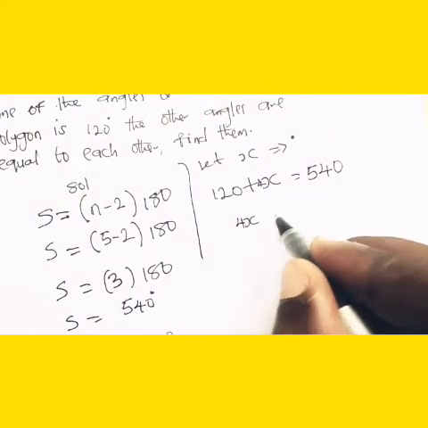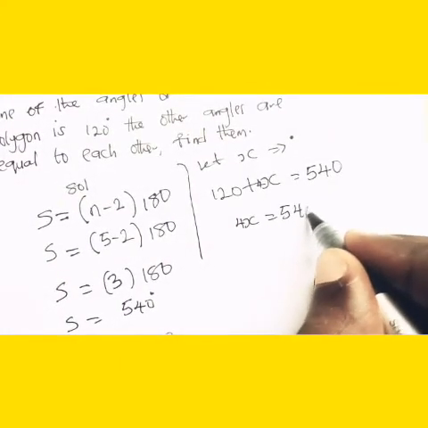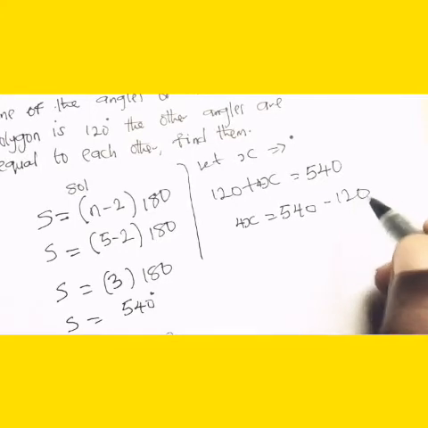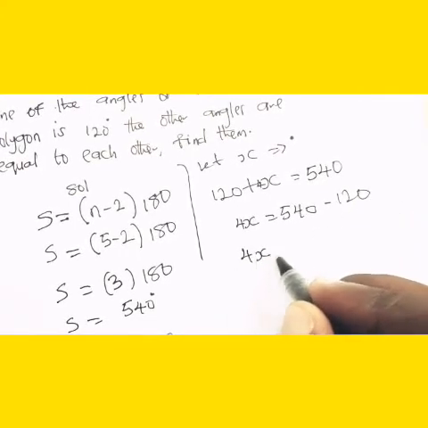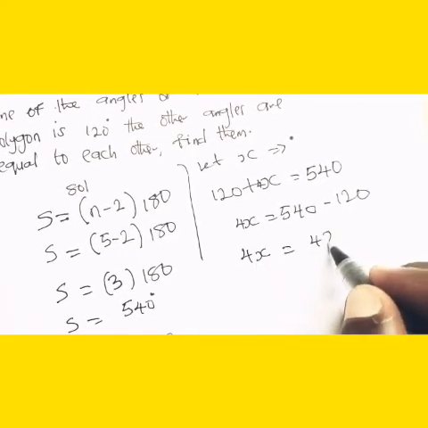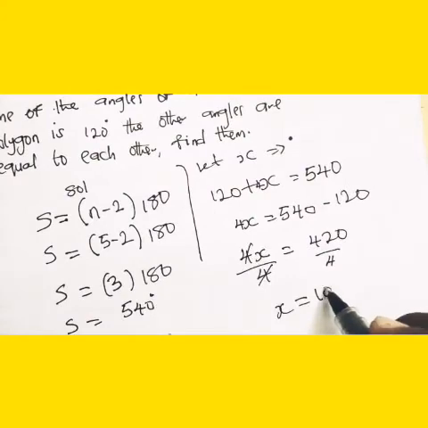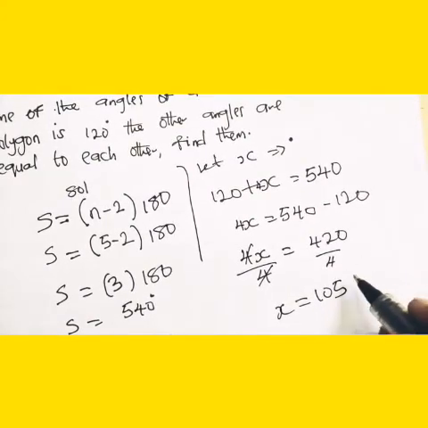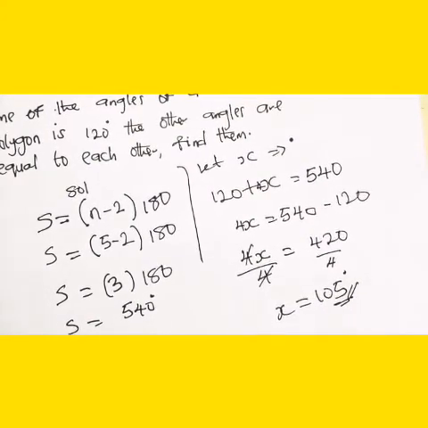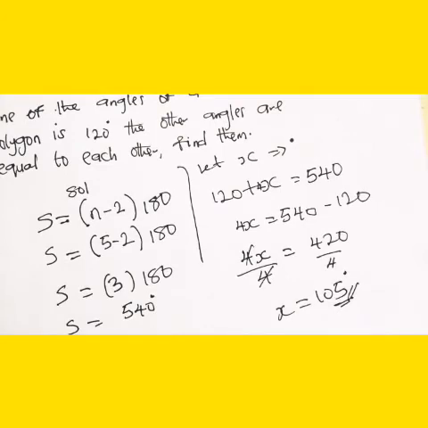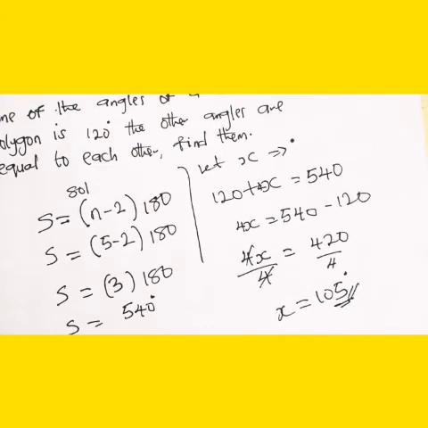So 4x equals 540 minus 120, so 4x equals 420. Dividing both sides by 4, x gives 105 degrees. So if one angle is 120 degrees, the others are 105 degrees each.